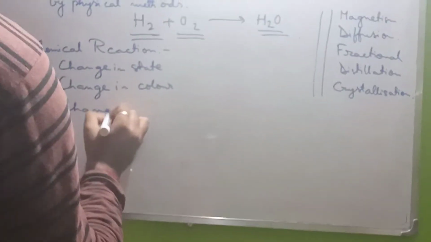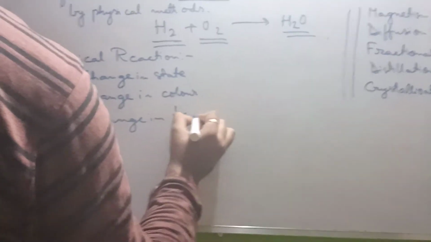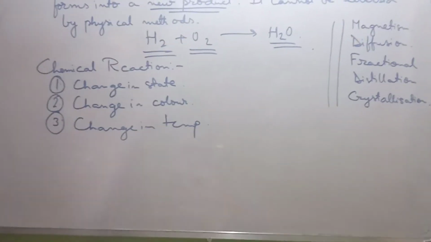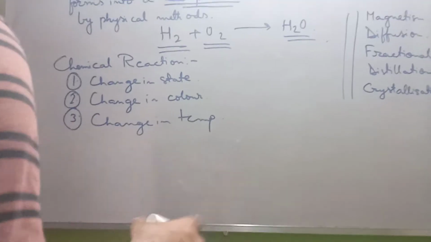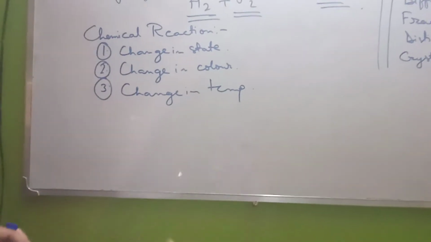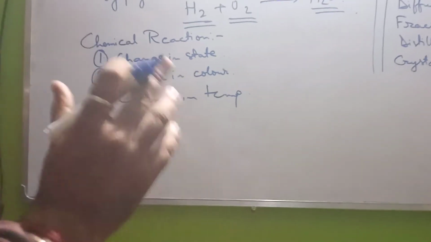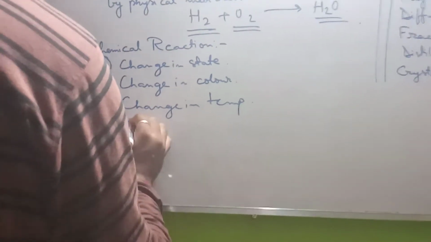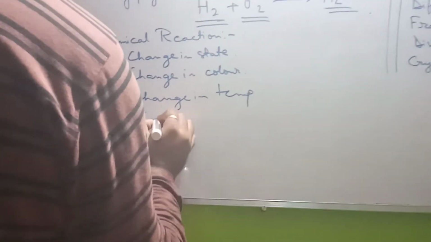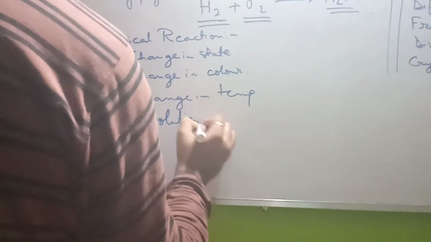Number 3, change in temperature. For each particular reaction there is a different temperature. It is never the case that all reactions can be carried out at room temperature. For each reaction a particular temperature is required. This is very important. And number 4 is evolution of gas.